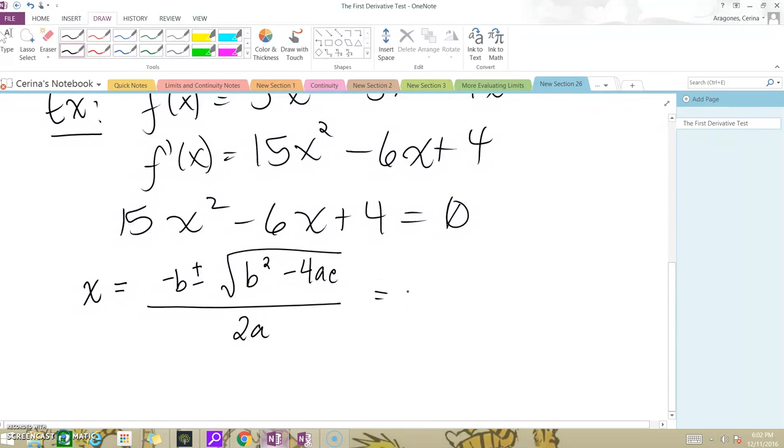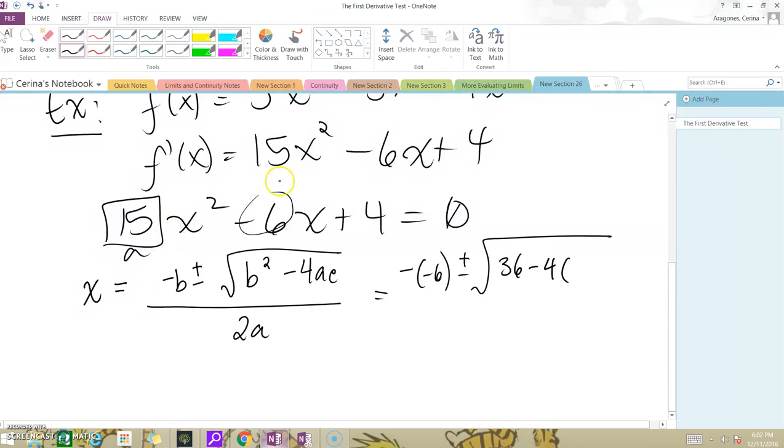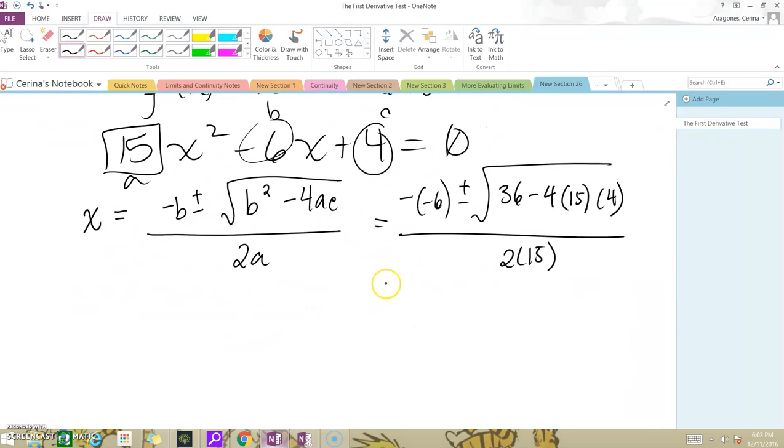So let's just plug in values. Here's your b, negative 6. So negative b is 6, plus or minus the square root of b squared, which is 36, minus 4 times a times c. A is 15, c is 4, and all over 2 times 15. So let's simplify it.